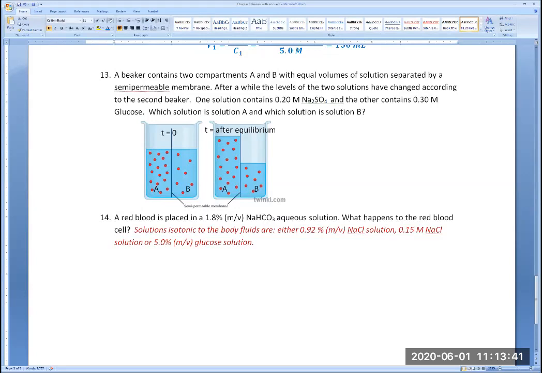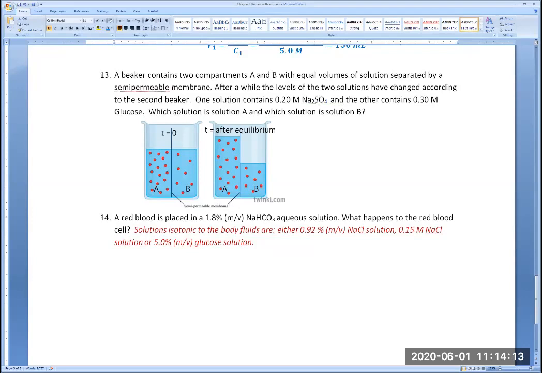It stops at the point where the left solution A is at a higher level than solution B. That tells you water has moved from B to A, from the right to the left side of the semipermeable membrane. And it's the water that moves because the solutes, the red dots, cannot move across.